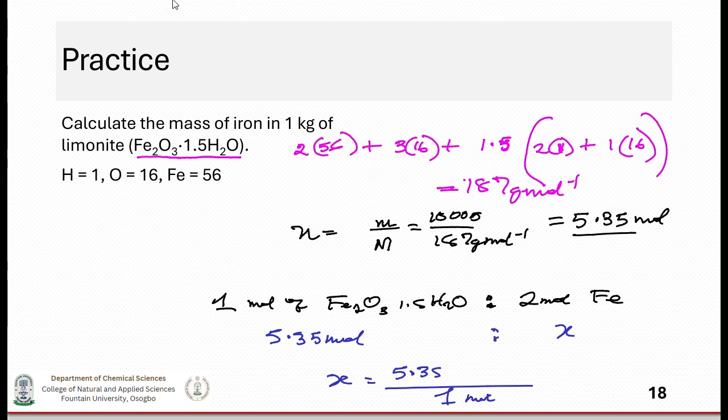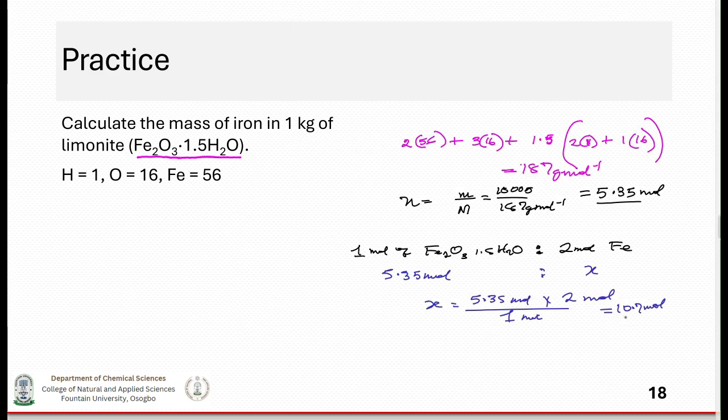So this is 5.35 moles times 2 moles. So eventually we are going to get 10.7 moles. 10.7 moles of iron. So we just convert that one to mass now.